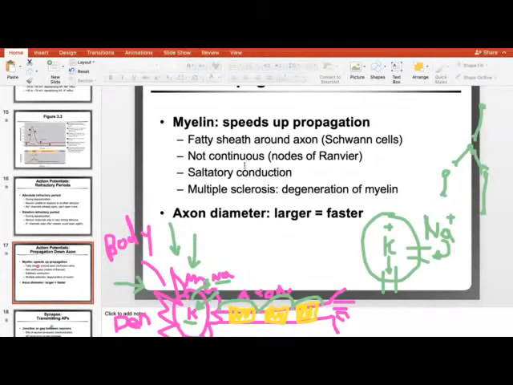They're not continuous, meaning there are gaps between the myelin. And these gaps right here are called nodes of Ranvier. It allows for saltatory conduction, so the signal propagates faster down the axon.